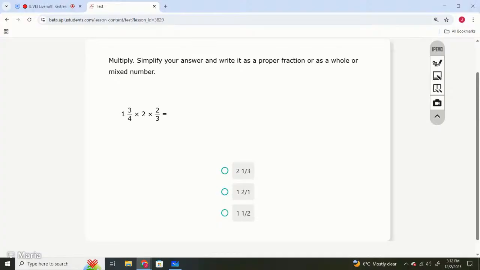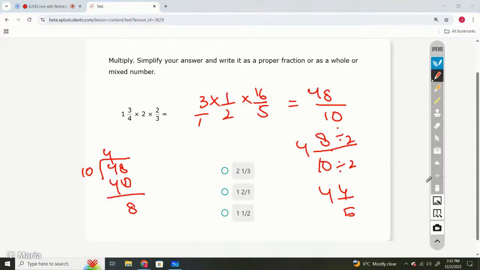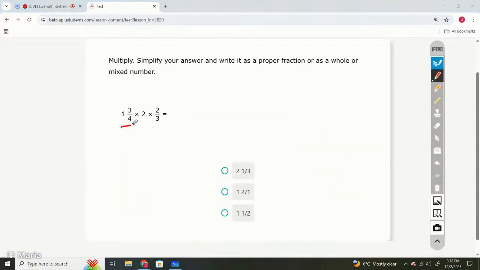One whole 3 by 4 times 2 times 2 by 3. So convert the mixed number to improper fraction. 4 times 1 is 4 and 3, 7 over 4 times 2 by 1 times 2 by 3. Multiply all the numerators and all the denominators.